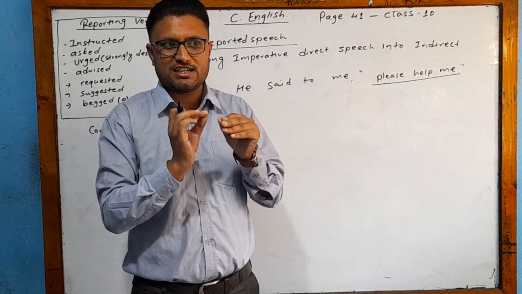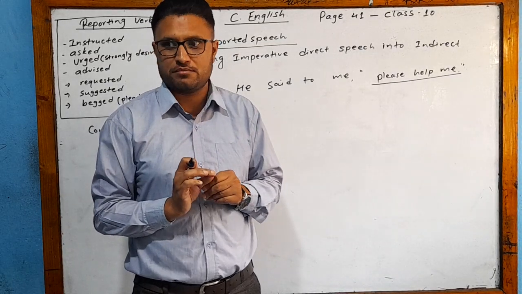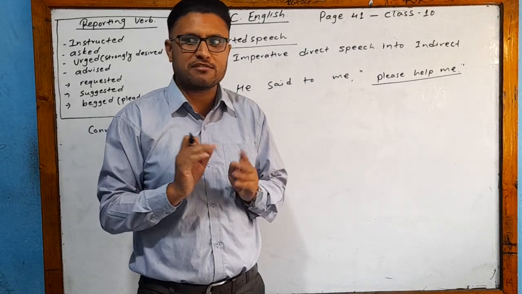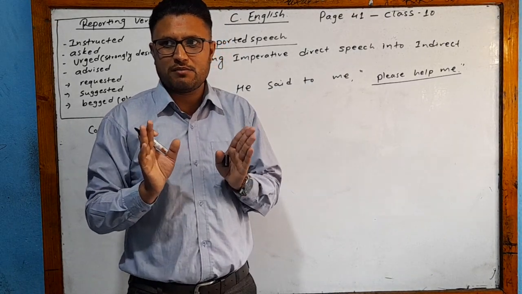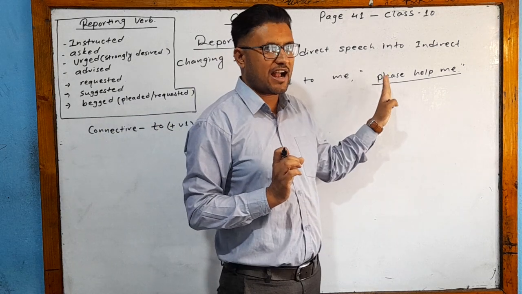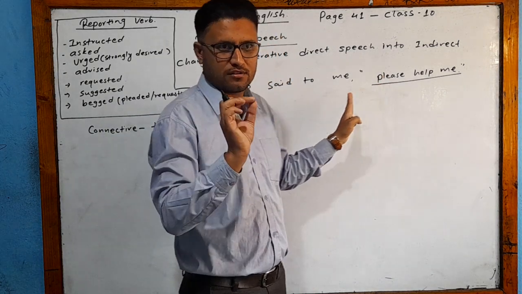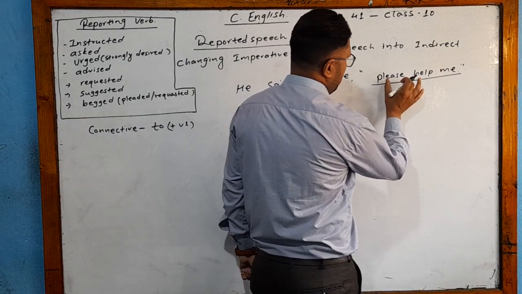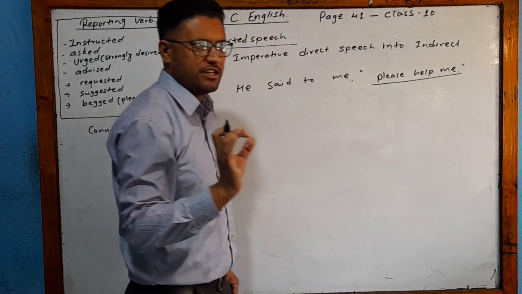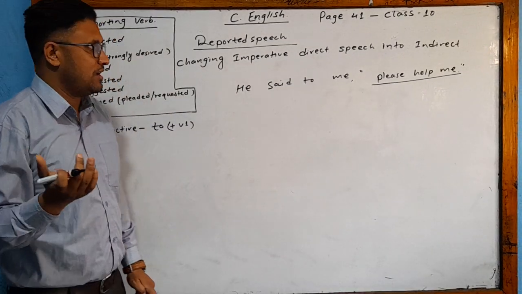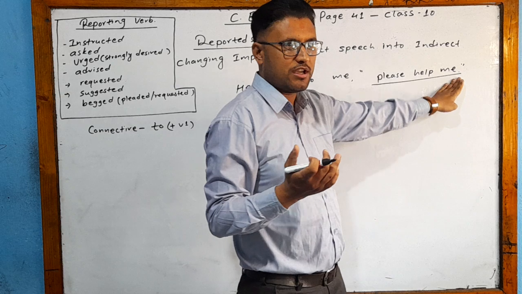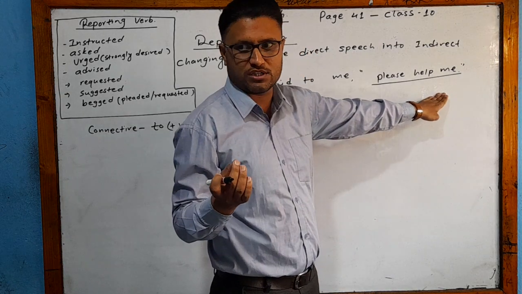And imperative sentences begin with verb 1. And sometimes if we are making polite requests, at that time they may also begin with either kindly or please. You got it or no? So an imperative sentence also starts with what? Please or kindly, especially when we make a polite request. For example, when the speaker says, please help me, the speaker is making a polite request.